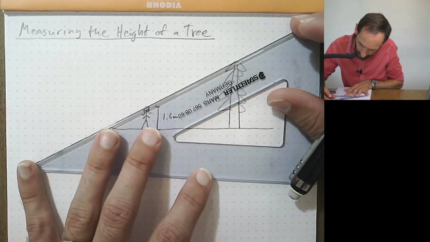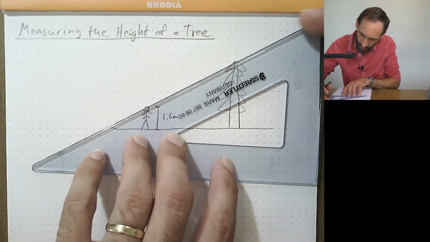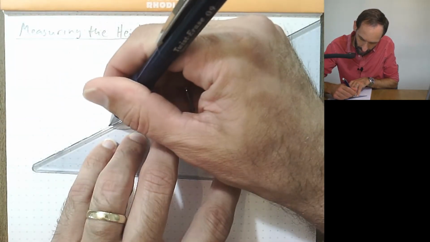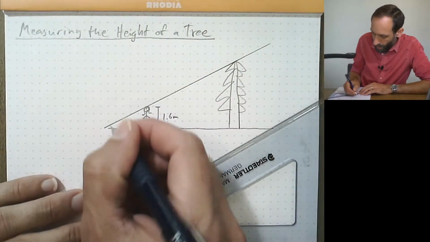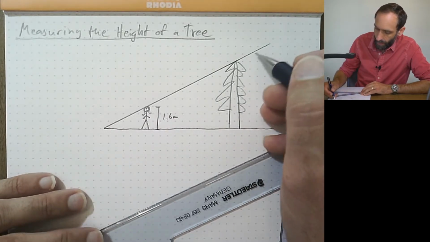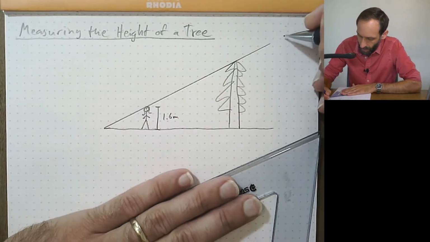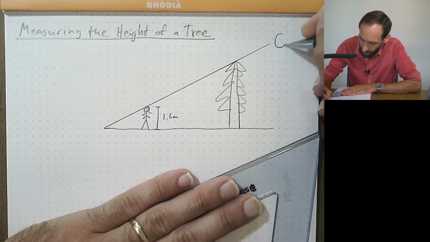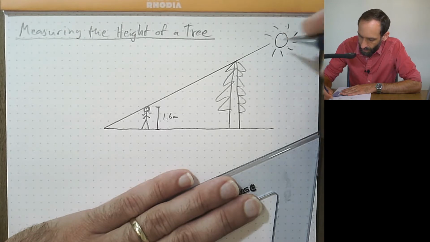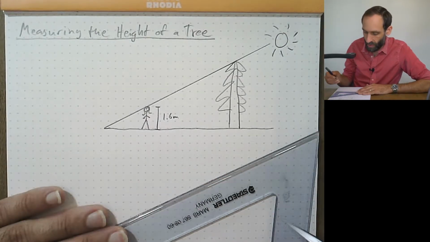Now, the idea here is that whether you realize it or not, we actually have a couple of triangles that are formed by the two objects, the tree and the reference object, the ground, and this ray of light coming from the sun, or maybe rays of light plural coming from the sun. So here's our sun up here, shining down, making shadows.